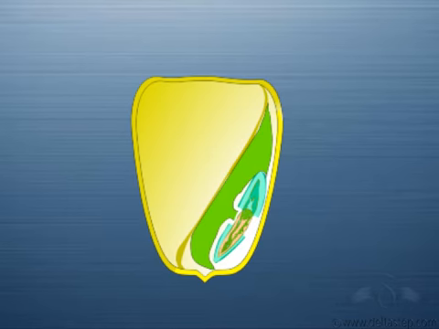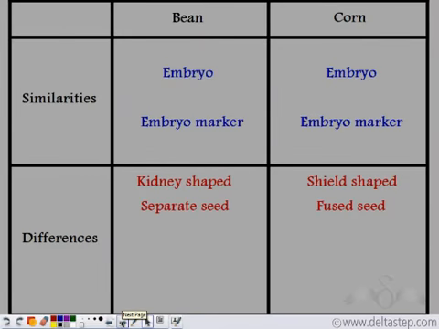See, this is the embryo. So this forms the next similarity between beans and corns. Both of them have embryo markers where the embryo is located inside the seed.